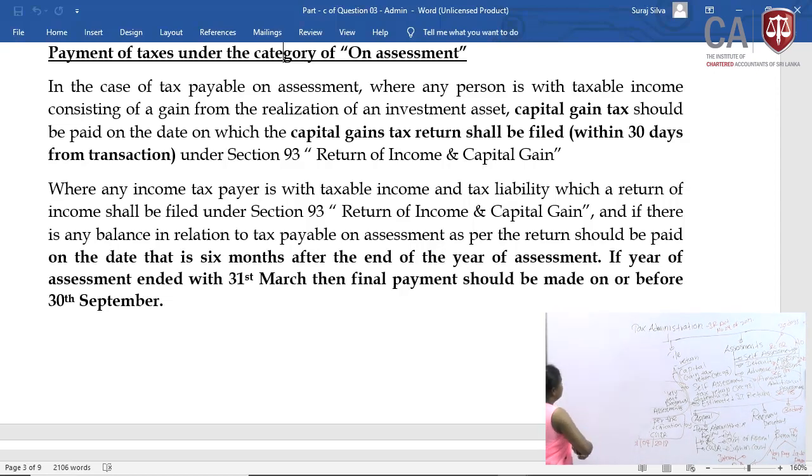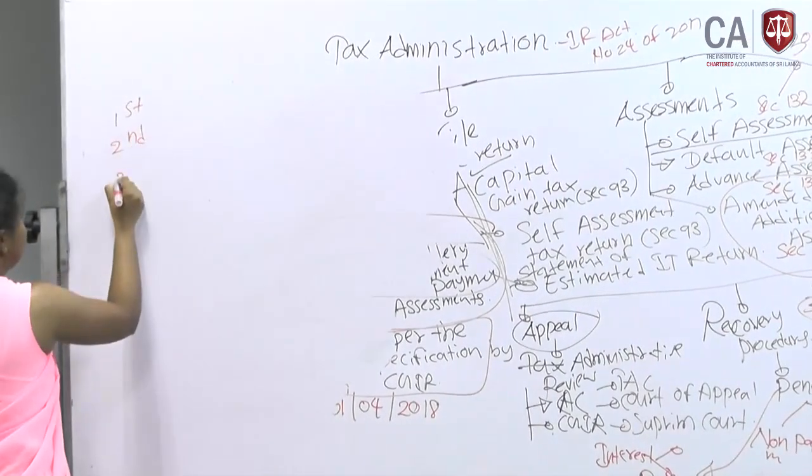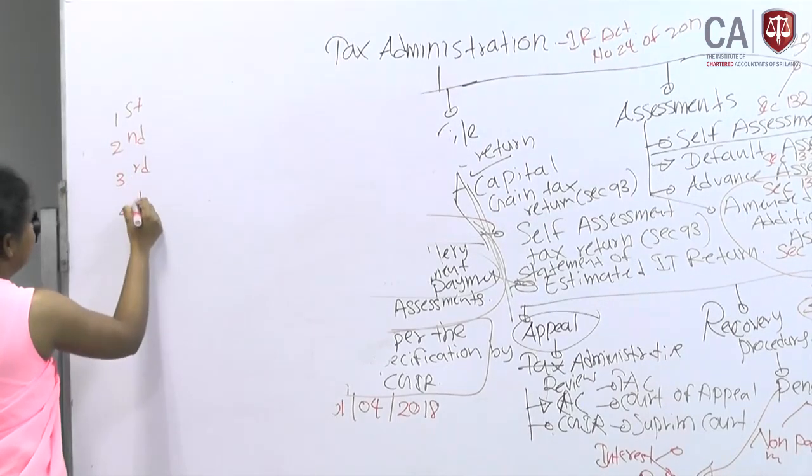Now, a taxpayer has made the payment for the first quarter, second, third and the fourth.